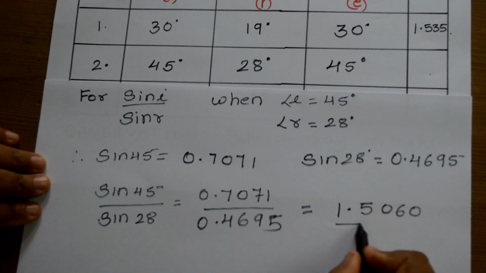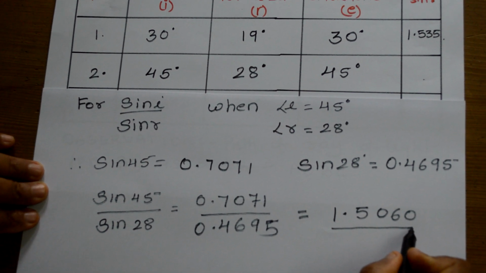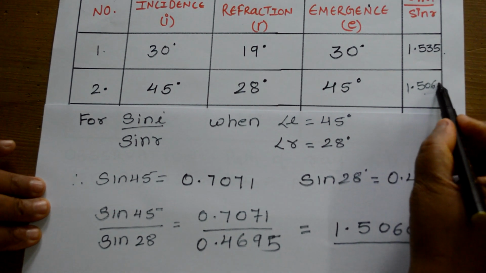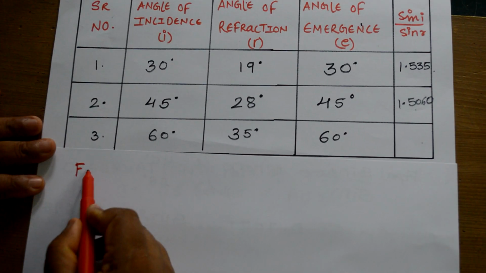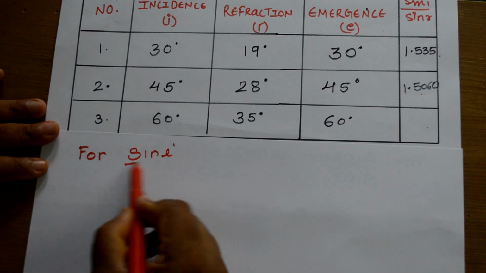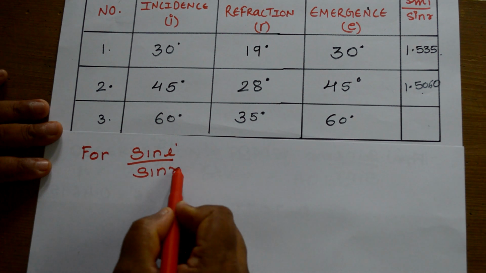So here we got sin I upon sin R as 1.5060.